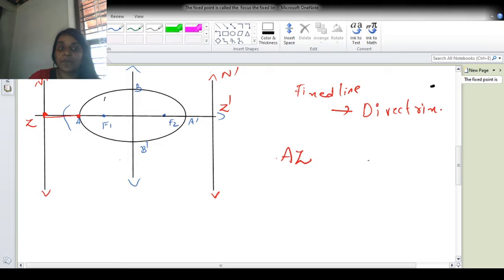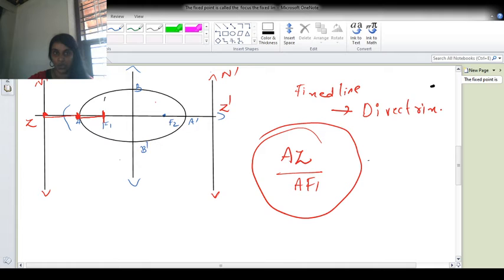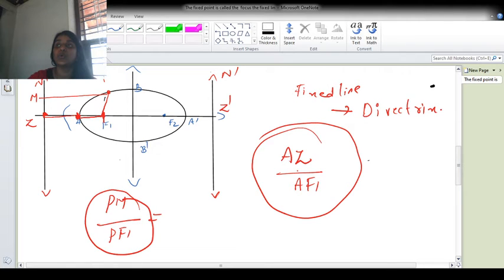This is a constant ratio. This is always a constant ratio. You can take another point P. PM is the distance to the fixed line, and PF1 is the distance to the focus. This ratio and the earlier ratio are the same constant ratio. This distance ratio is the same for every point. Such a collection of points is called an ellipse.